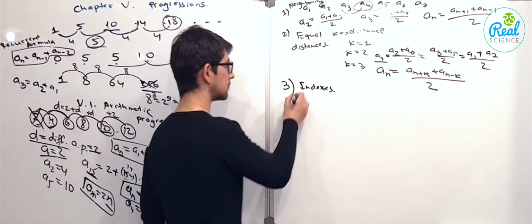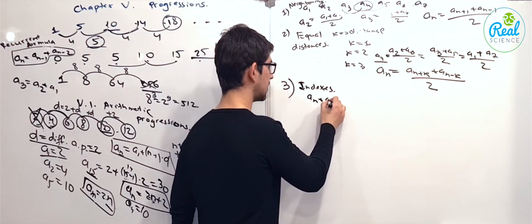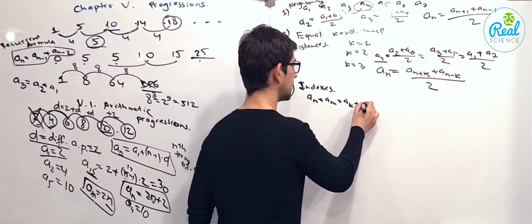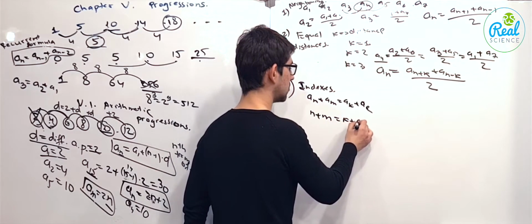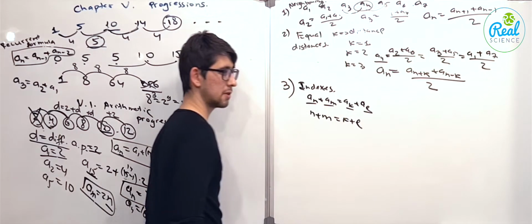Terms, indexes. Let's say An plus Am equals Ak plus Al. If some of your indexes are equal, some of these terms will be equal.